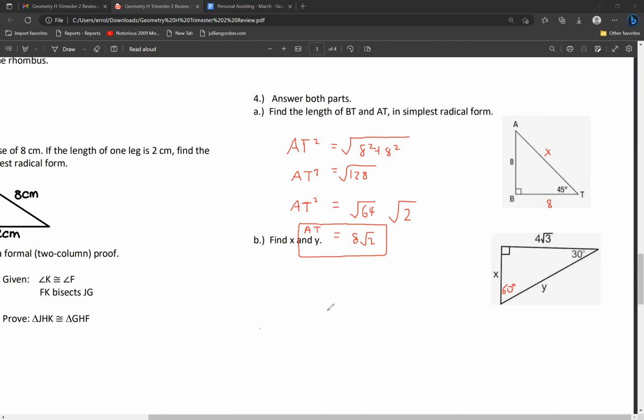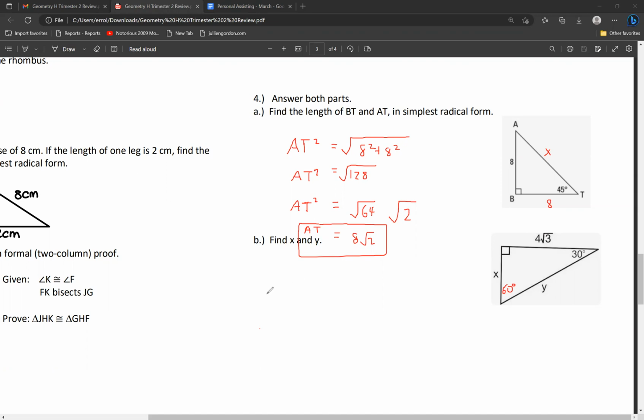For X, 4 radical 3 divided by radical 3, and then it gives you 4. So 4 equals X. Say that again.